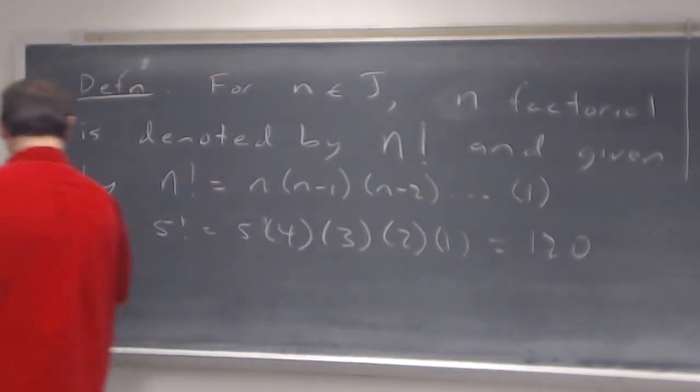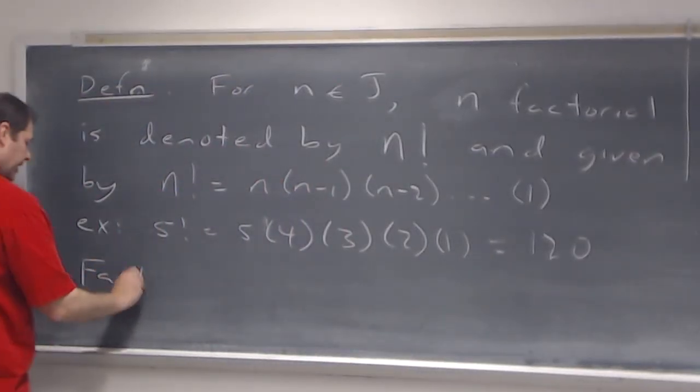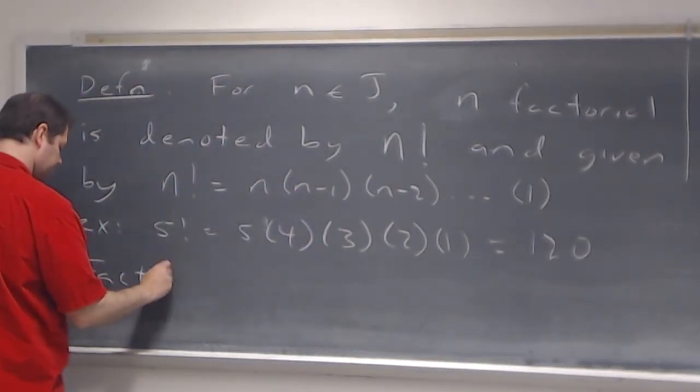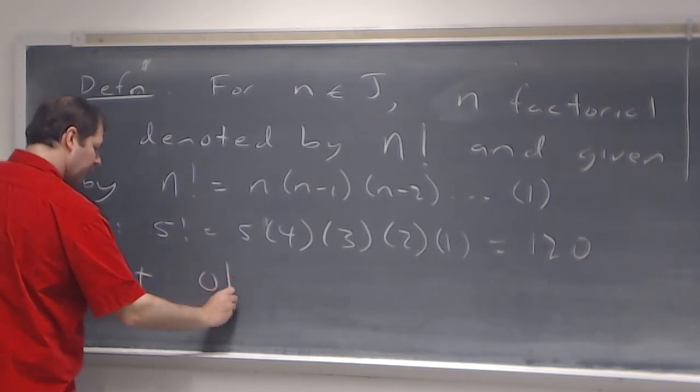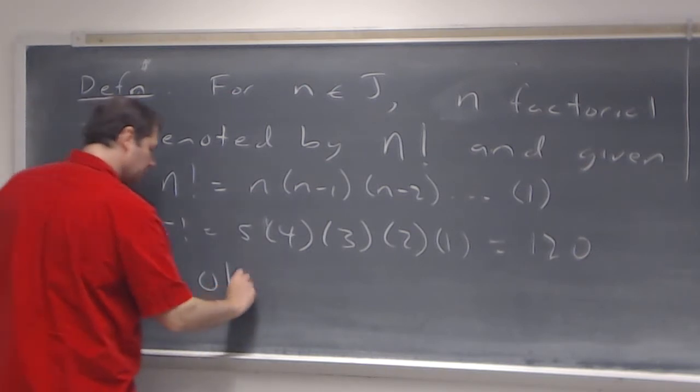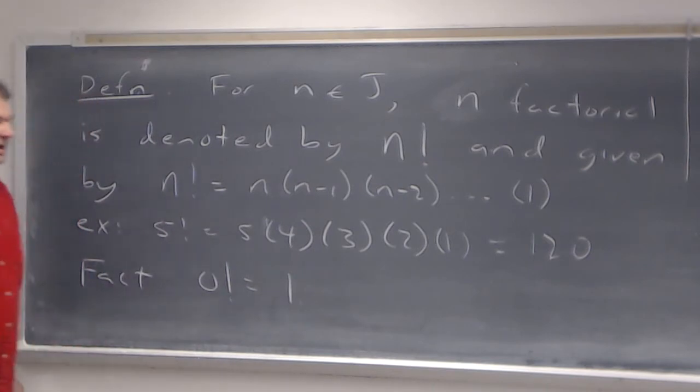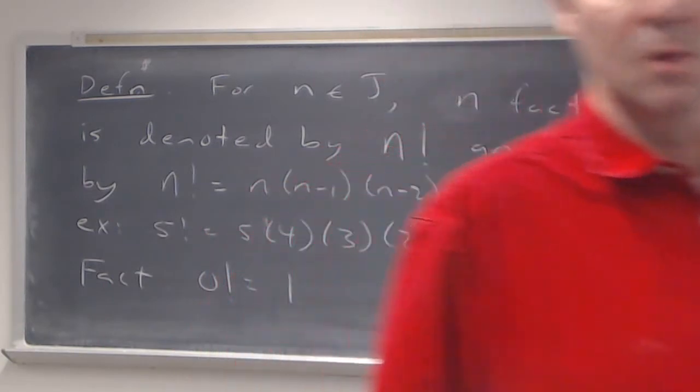One other fact about factorial is that we define 0 factorial to be equal to 1. I call it a fact, but it's more of a notational fact than anything. Okay?